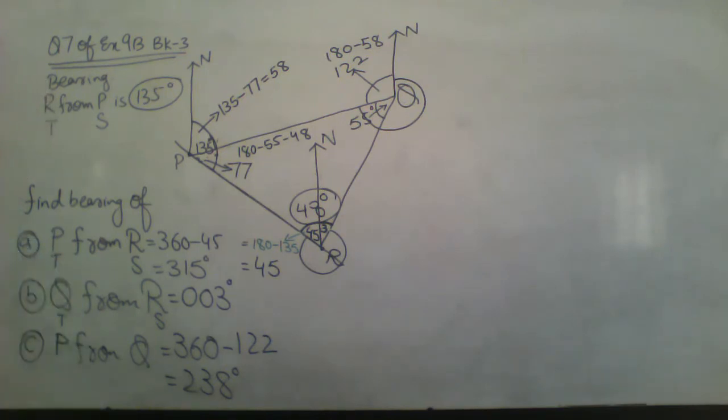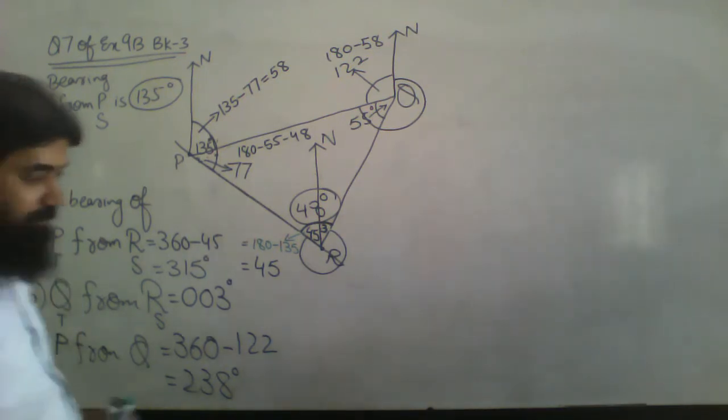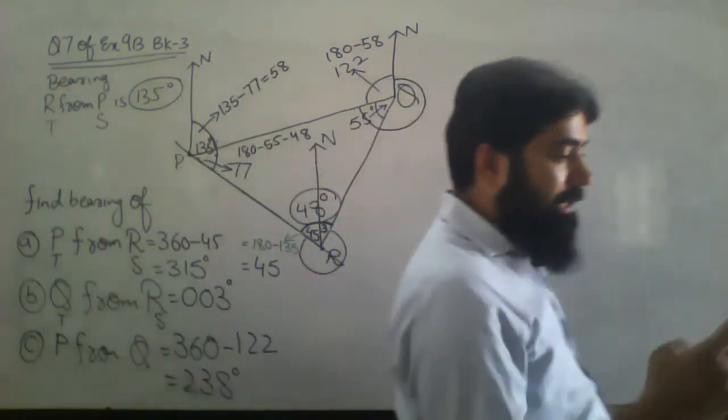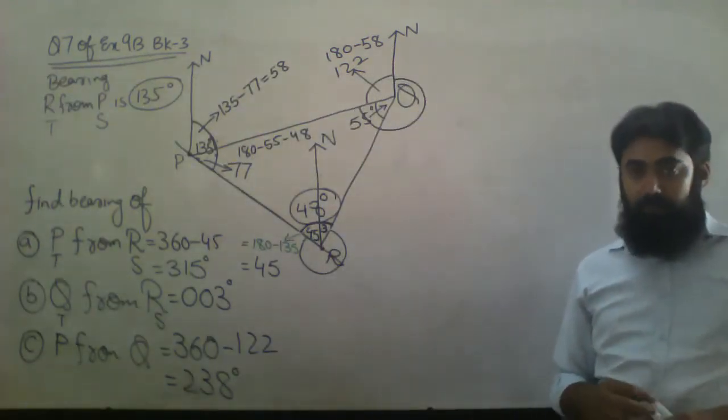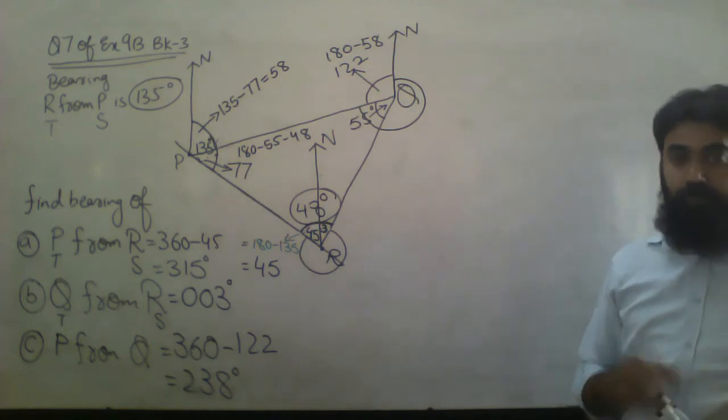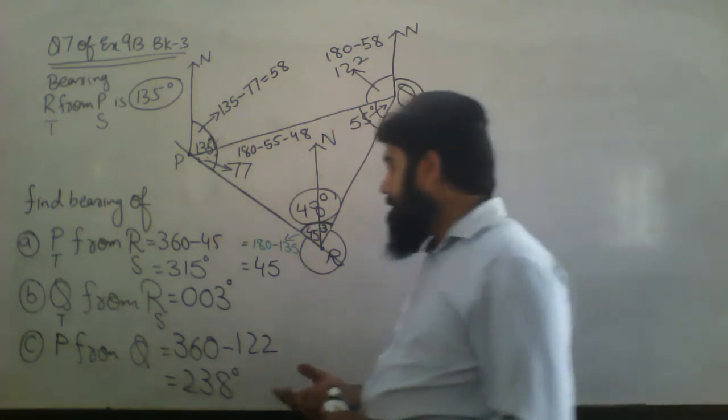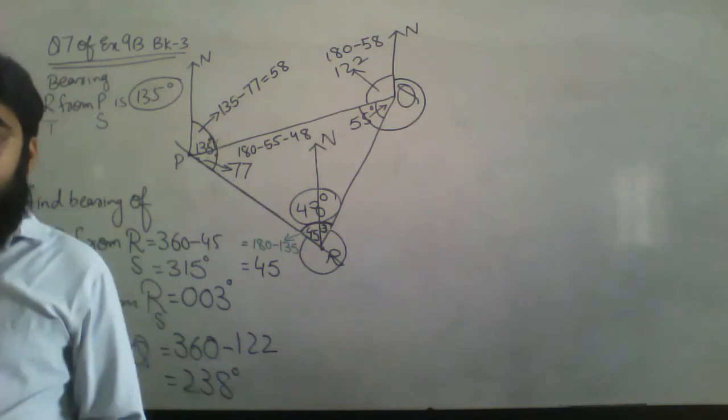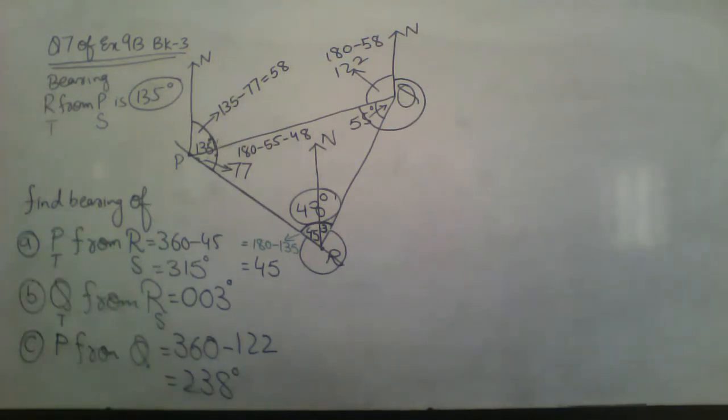Right? Now, when you check the back of the book, there are two answers for part C, but we are only getting one. Why there are two answers and why we are only getting one, I am now going to explain to you over here.